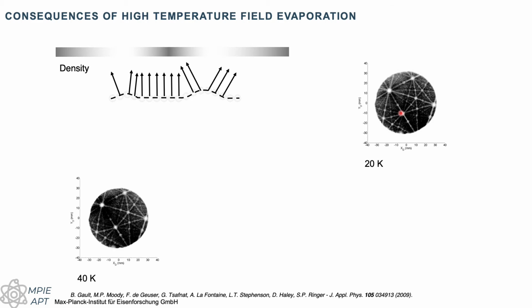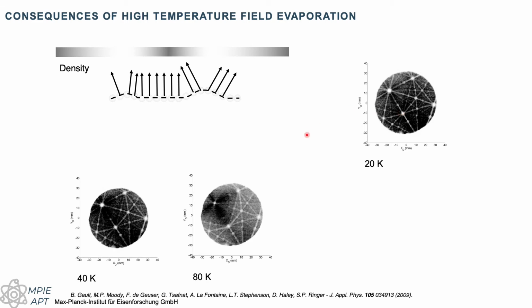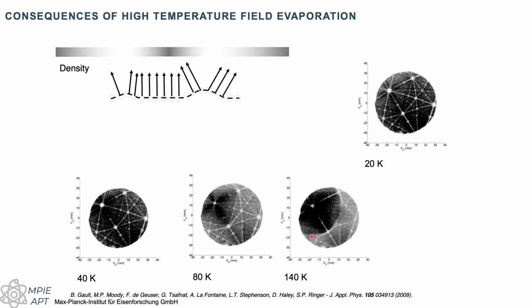But as I increase the temperature for the same specimen, I can see the pattern changing quite significantly, with a much denser area forming, for example, here around the 002 set of planes, or the 002 pole. And it only gets worse as the temperature gets higher, and some of the minor poles just simply disappear.